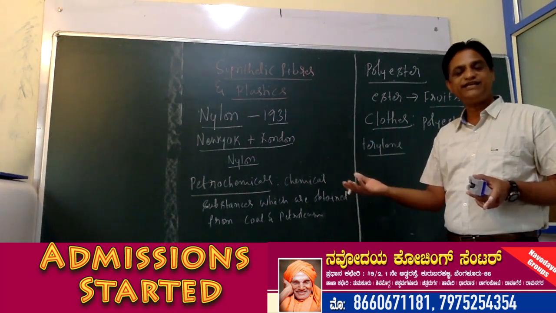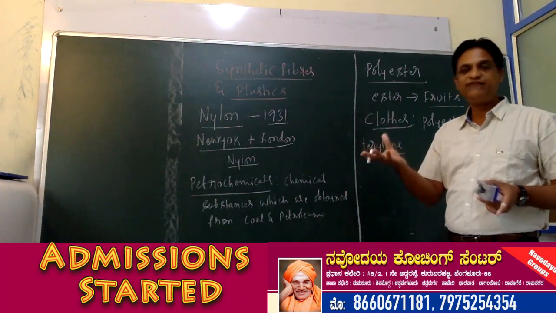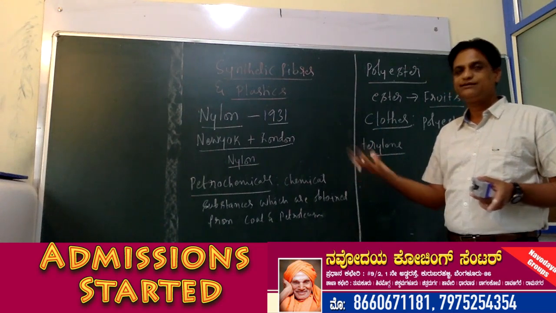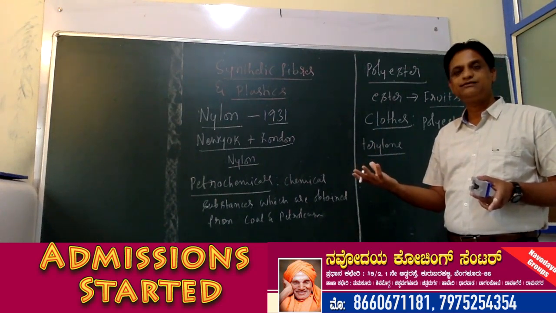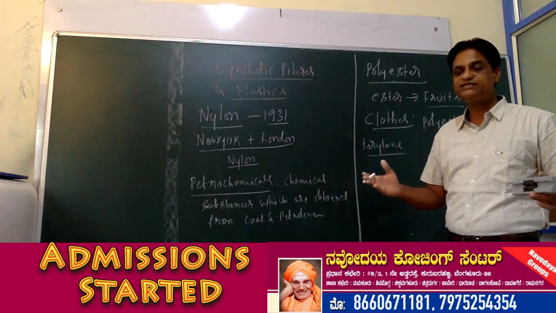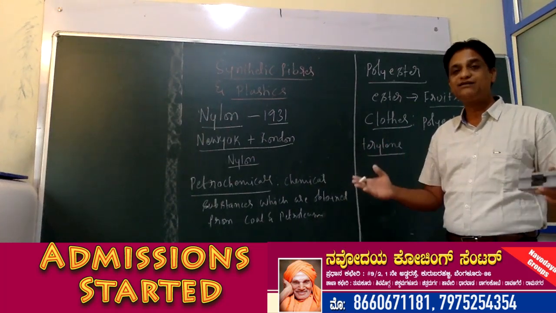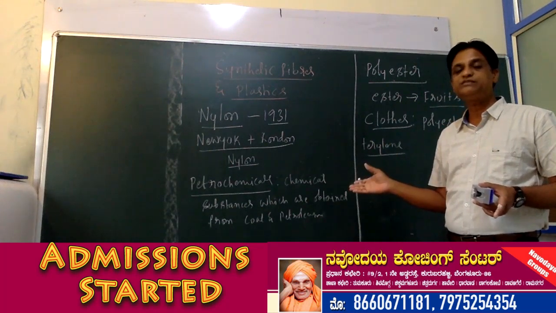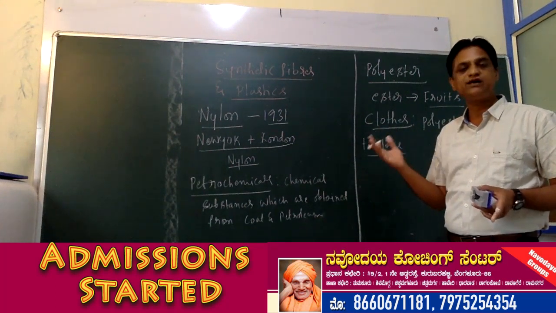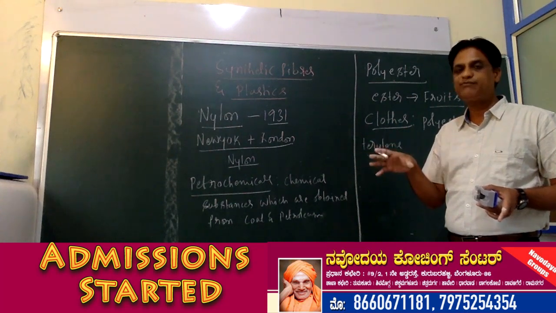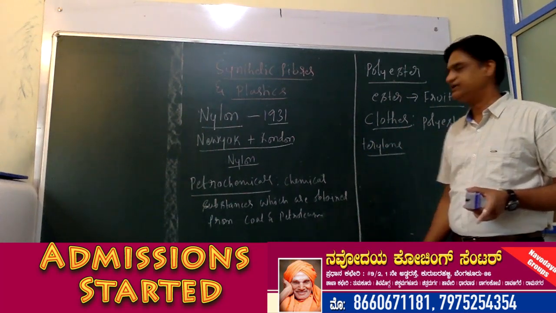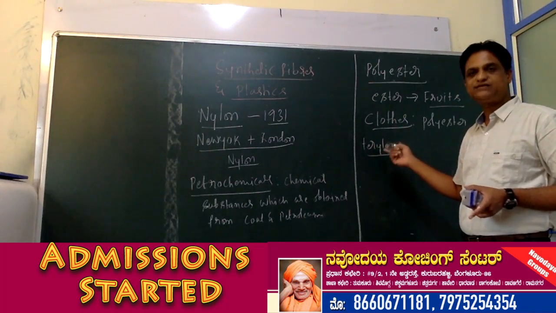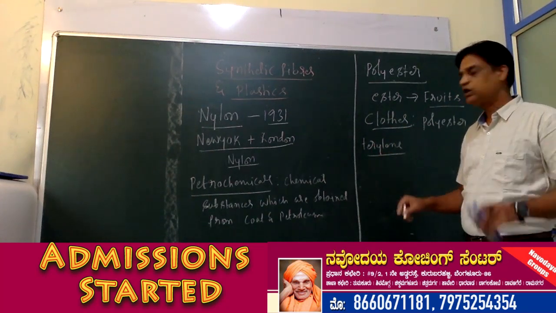Those are all the advantages. They dry very fast, so ironing will be easy because there will be no wrinkles at all, and they are very easy to wash also. So washing is very easy in the case of cloths prepared from synthetic fibers. Okay. So terylene is one form of polyester which is used for making cloths.